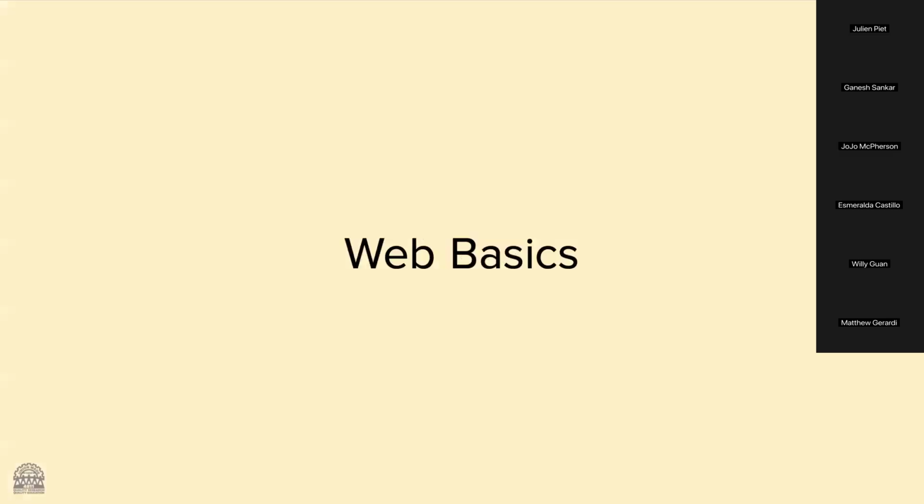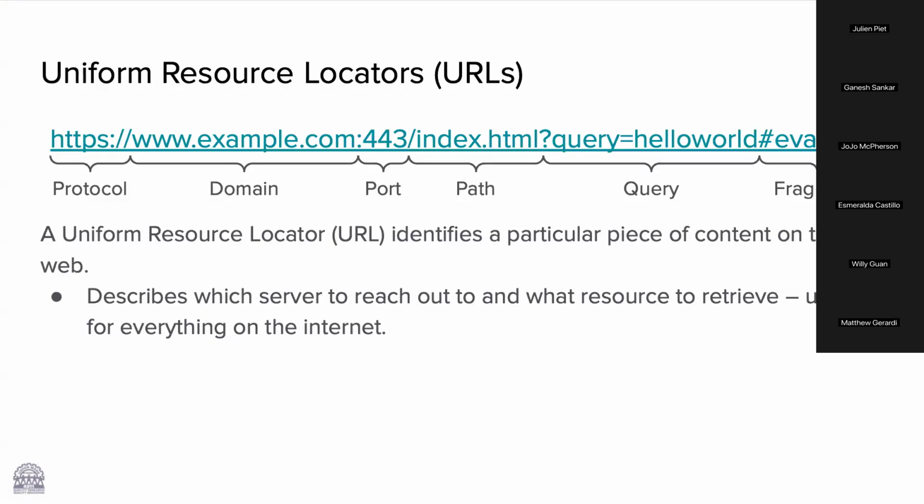So, web basics. The very first part of web is how do we access information on the web, right? So how do we address things? That's through URLs. This is an identifier for a specific piece of information on the web. It's broken down into different pieces. On the screen, you can see the protocol, which is typically HTTP or HTTPS, your domain, port, your path, and then after the path, information about the query, like parameters.